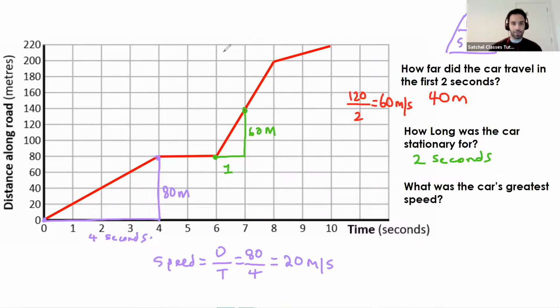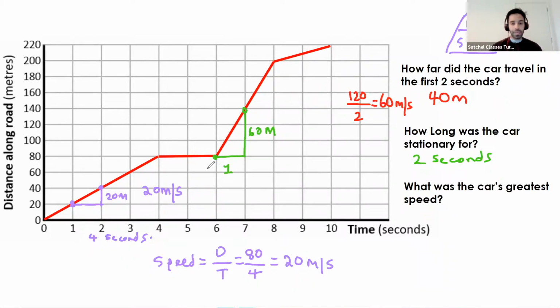Likewise here, if I was to pick two different points along this line, and use a different color again, starting from here to here, as we travel 1 second, we cover 20 meters. So again, the speed from this point to this point is 20 meters every second. So along a straight line, speed is constant.